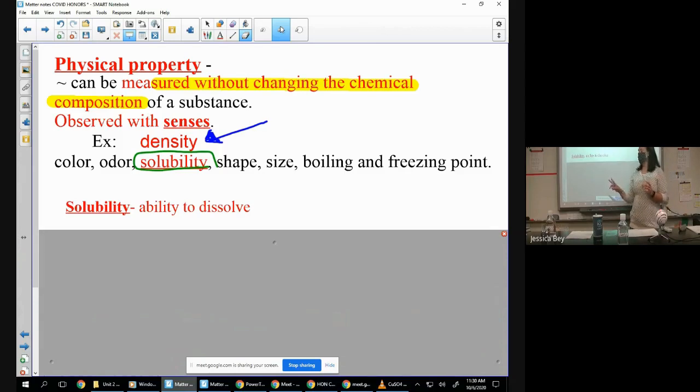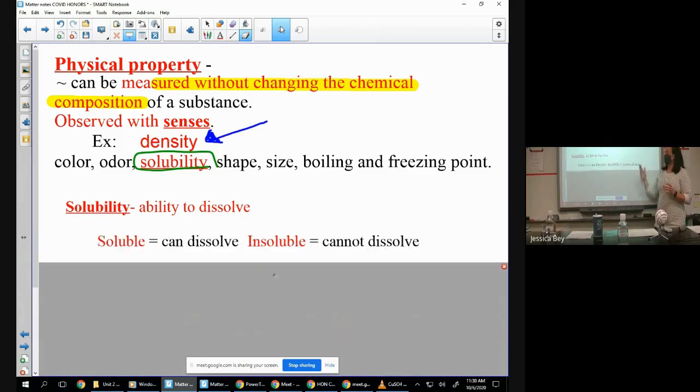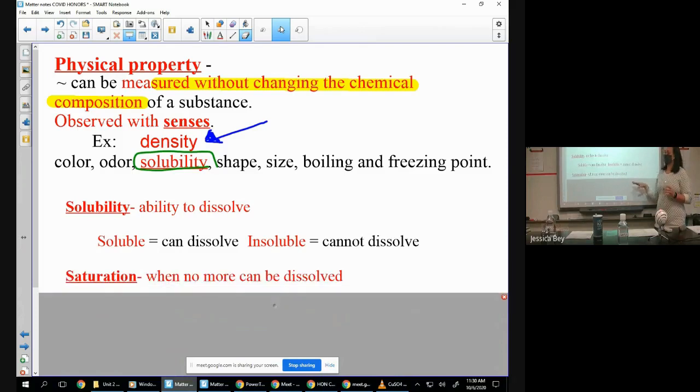A couple other terms, not that you have to write any of these down. We're just kind of talking about it. Solubility is what it is. If you're saying it can dissolve, it's soluble. If it can't dissolve, you call it insoluble. Okay, so, and then when we had done a lab before, I would say, all right, take some sugar, make a saturated solution. The idea of saturated is when there is so much of your soluble material in it, there can't be any more.